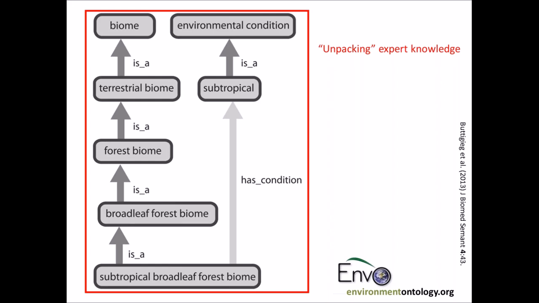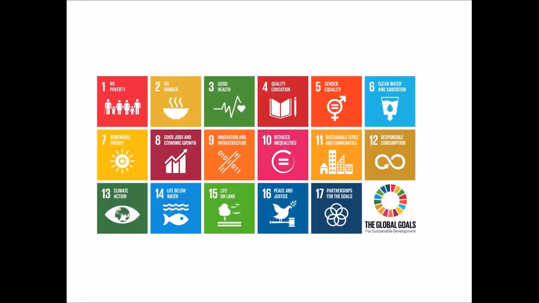Again, that's how we take some human knowledge, unpack it, and encode it into an ontology. I won't go into the language we use to do that. It's the Web Ontology Language, but you can always ask me more about that later.